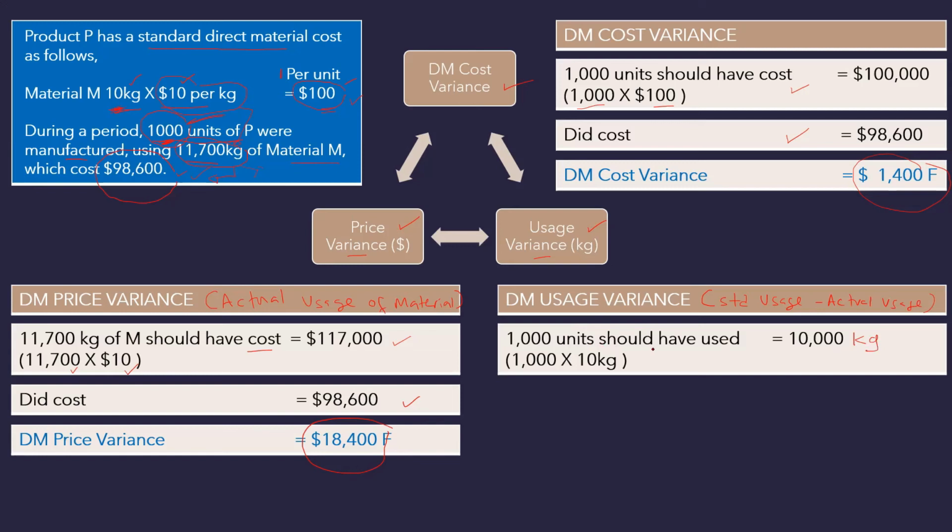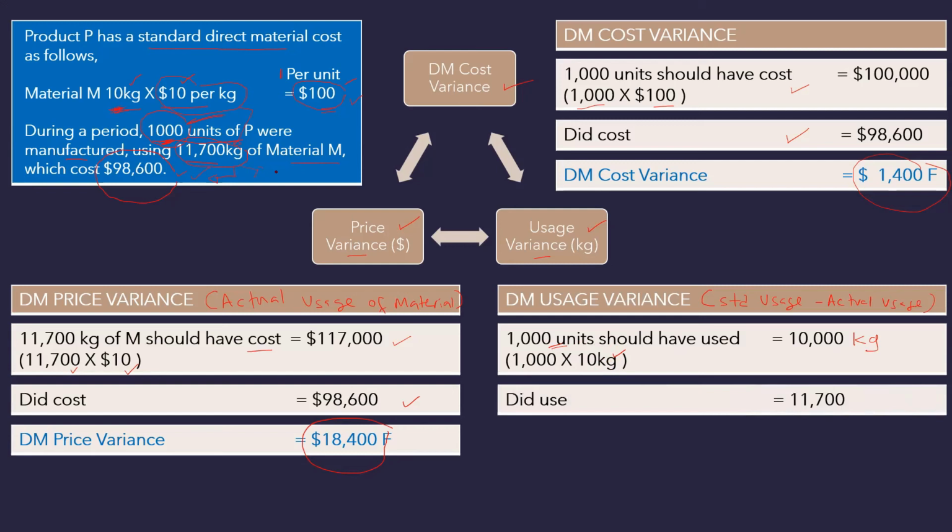So 1000 units should have used 10,000 kg because per unit we need 10 kg. How much did we use? We used 11,700 kg to produce 1000 units.